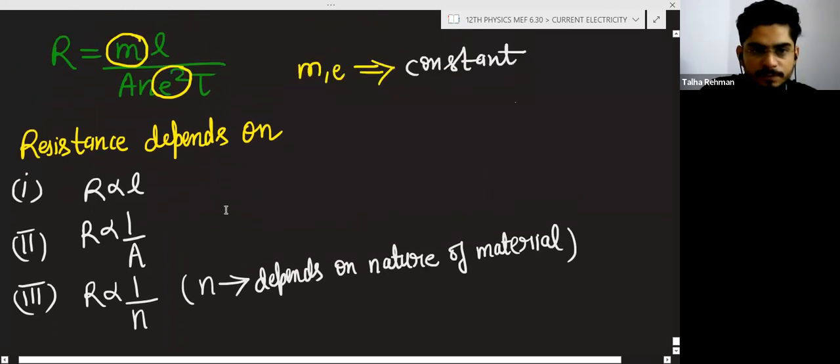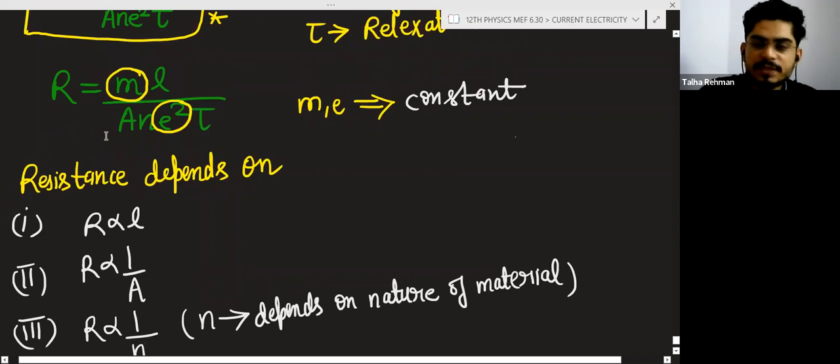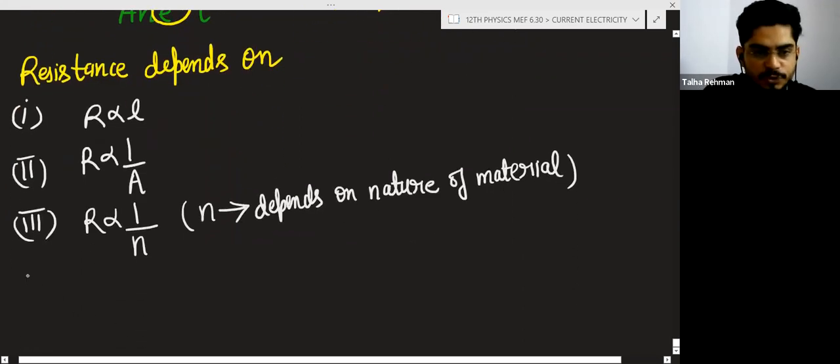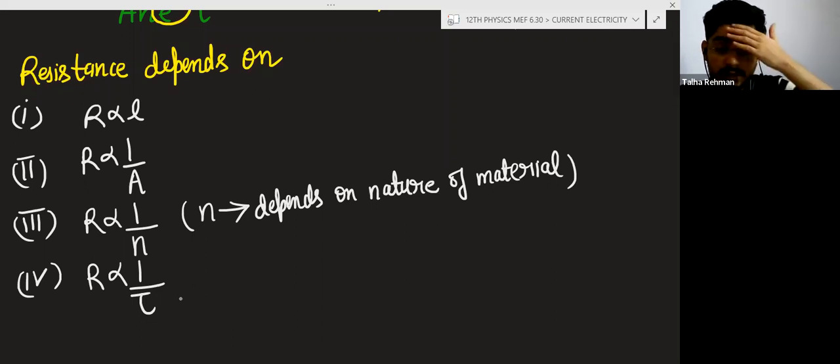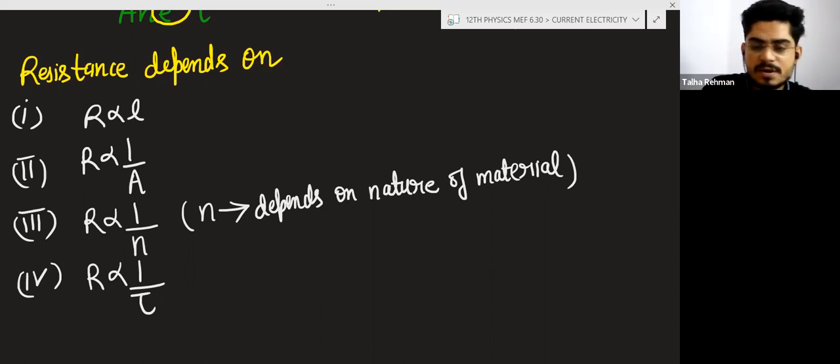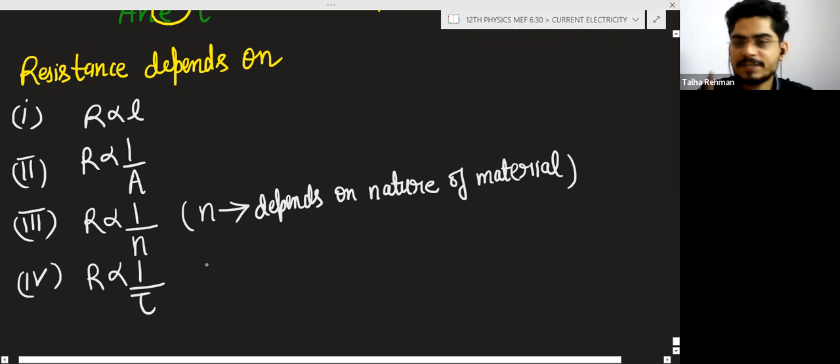And one thing more here: resistance is inversely proportional to tau. Tau is the relaxation time. If you increase the relaxation time, then the resistance will decrease. And relaxation time, I have already told you, is related to the temperature.